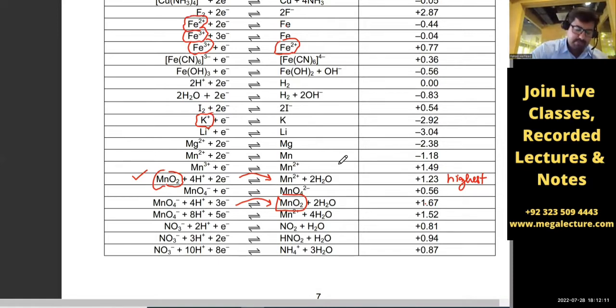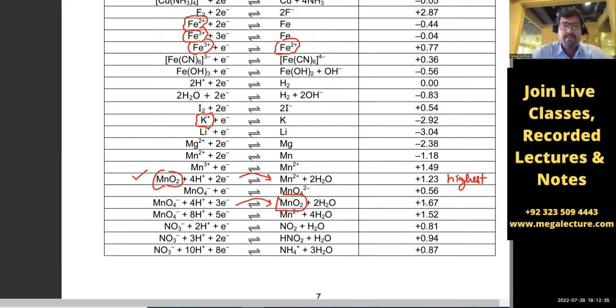MnO2 plus 4H plus 1 plus 2 electrons forms Mn2 plus plus 2H2O. And the value is 1.23 volts.